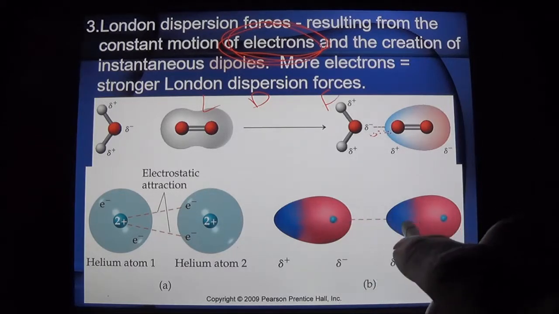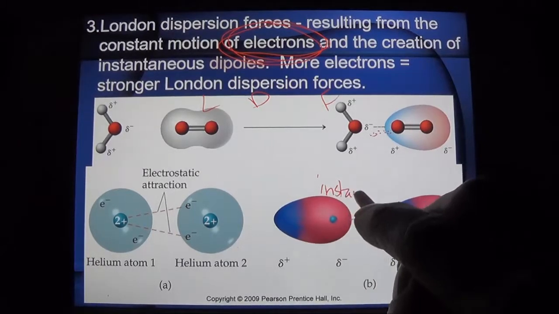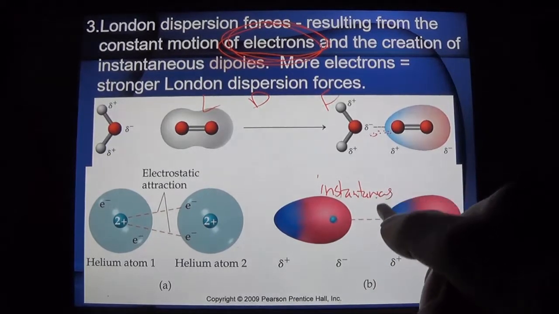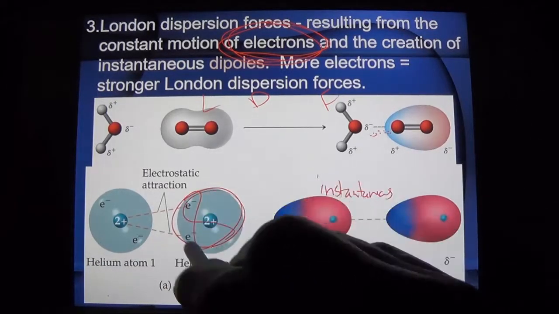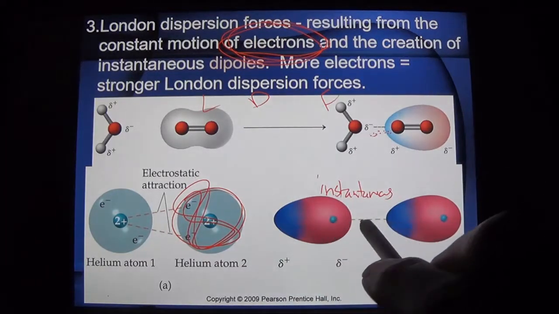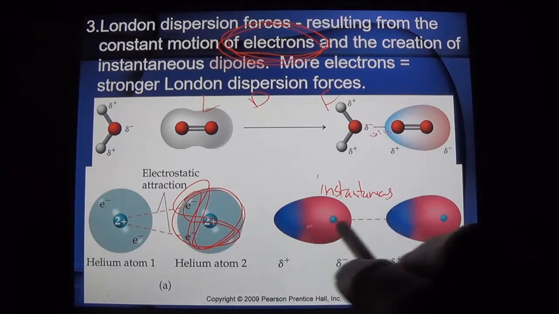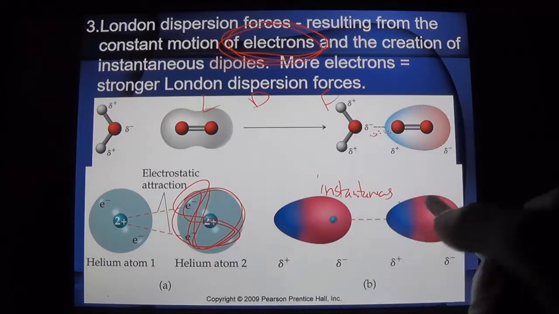It's very much like a dipole-dipole, but we often refer to it as instantaneous. Meaning, there one instant, gone the next, because these electrons are always moving around. So maybe the electrons line up just perfectly where they can attract each other in one moment, and then the next moment the electrons might move to the other side and repel.